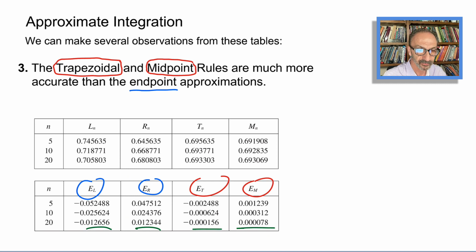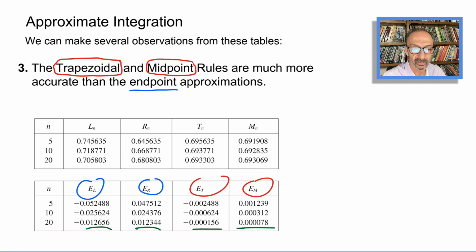Number 3. I'm looking at the trapezoidal and the midpoint errors. They are much more accurate than the endpoints, the left and right. See the errors right here are way smaller compared to these errors.